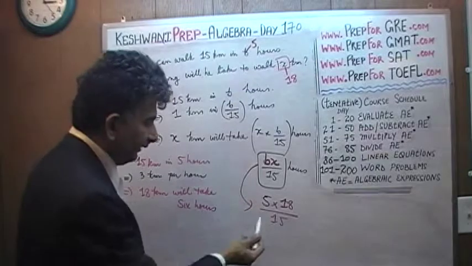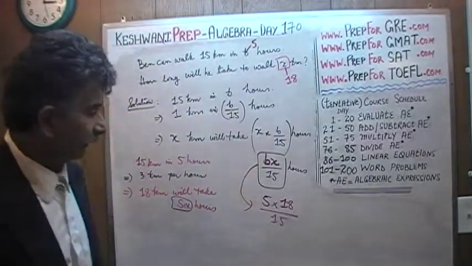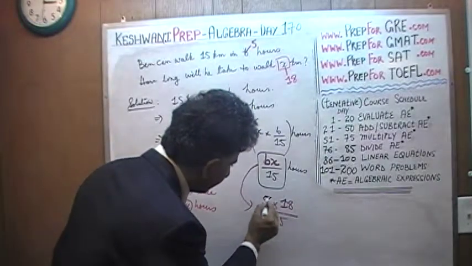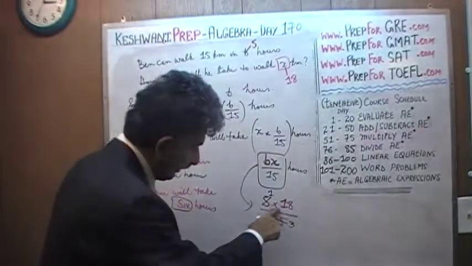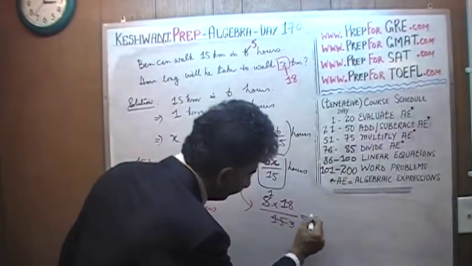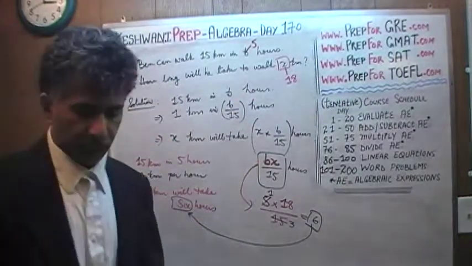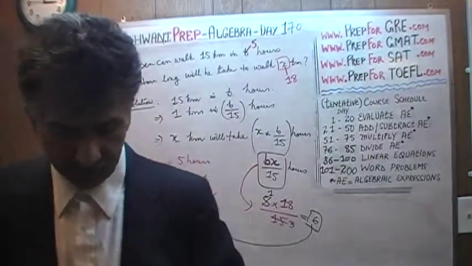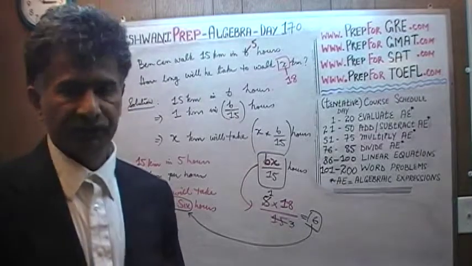If this gives us 6, we are in business. If you divide top and bottom by 5, this becomes 1, this becomes 3, and 18 divided by 3 is 6. Voila. So it is in fact the right answer. We plugged in numbers and verified it, and it works. The right answer is Bx over 15.